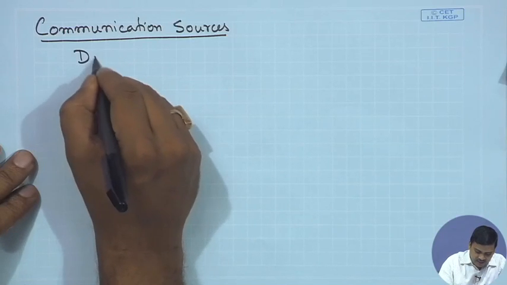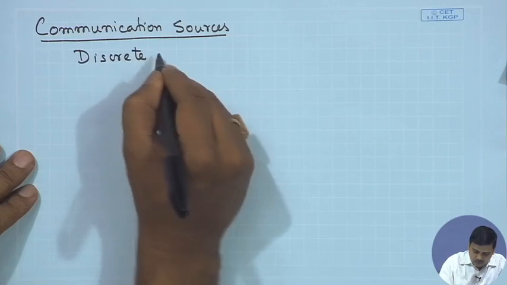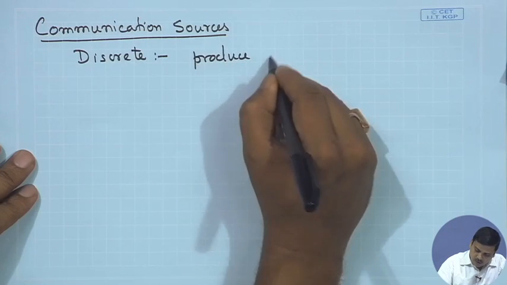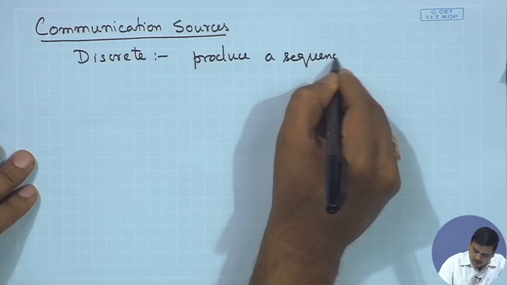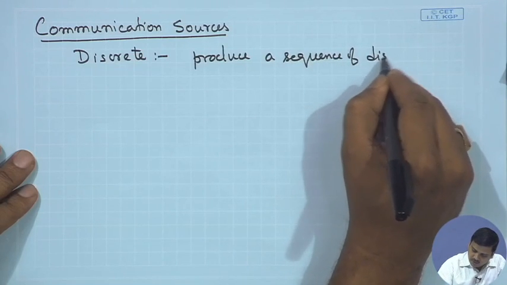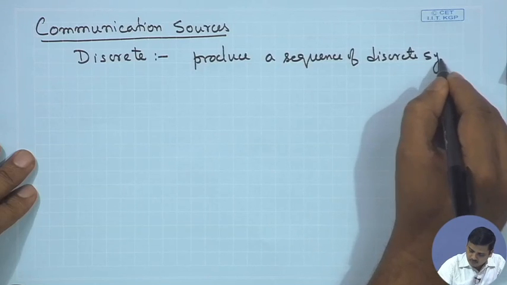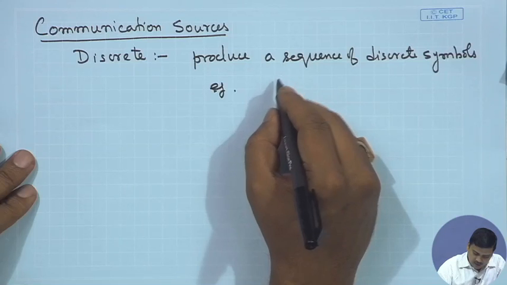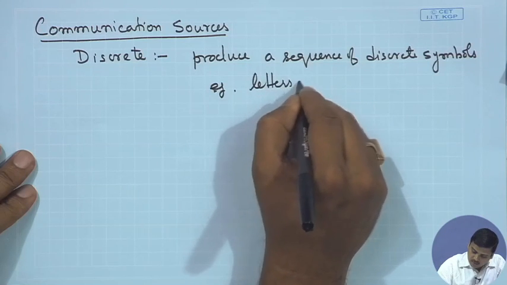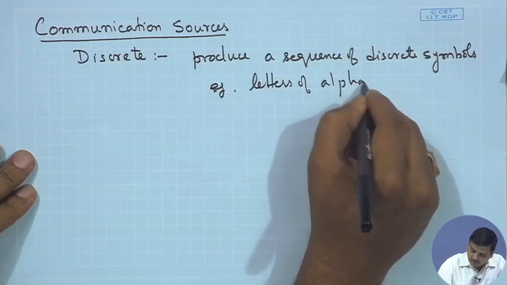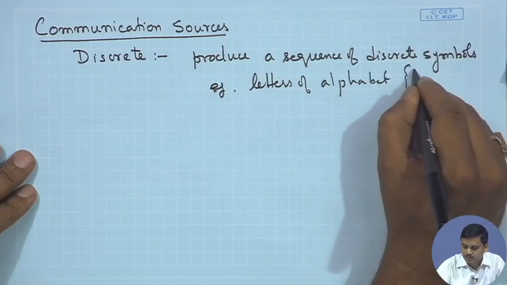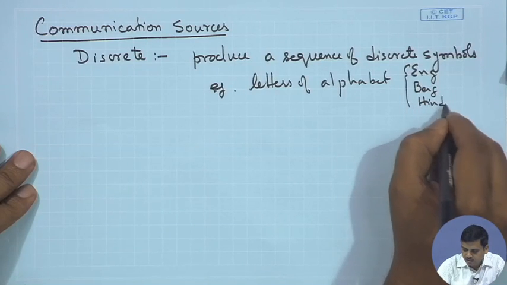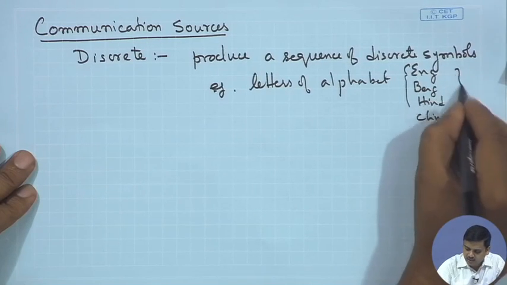they can be discrete in nature, which we all know, and it can produce a sequence of discrete symbols, and examples of them could be letters of alphabet, could be any language, could be English, could be Bengali, could be Hindi, could be Chinese, and so on and so forth.